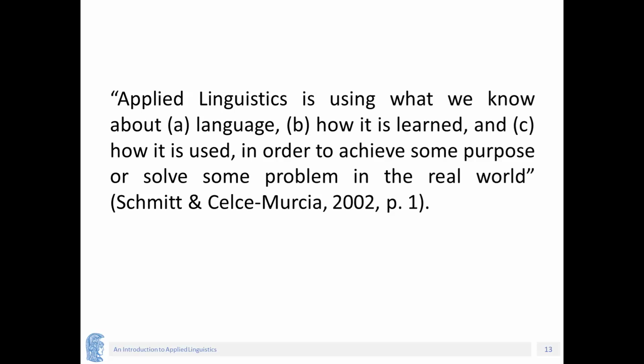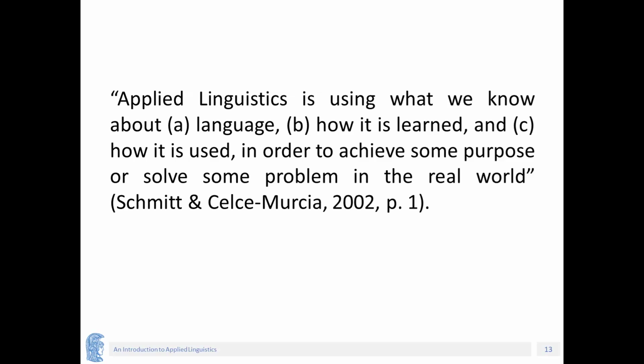Applied linguistics is using what we know about language, A, how it is learned, that is B, and C, how it is used in order to achieve some purpose or solve some problem in the real world.